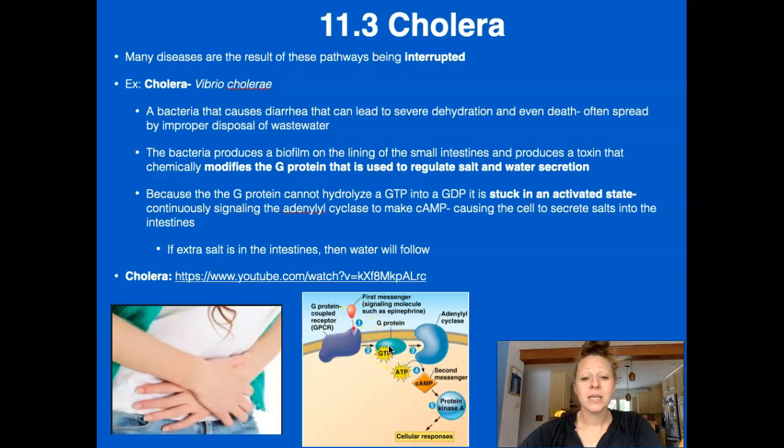What happens is that cholera is a bacteria that causes diarrhea. And how does this happen? We have a bacteria that causes a biofilm, which we talked about. The bacteria are in a happy spot, or in a healthy spot, and they proliferate.